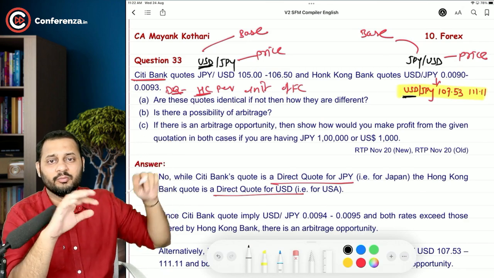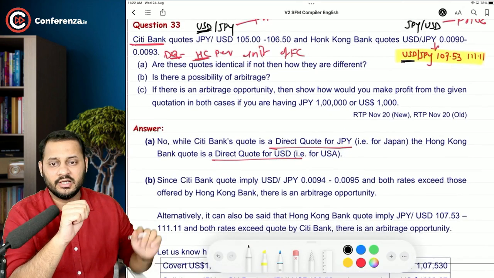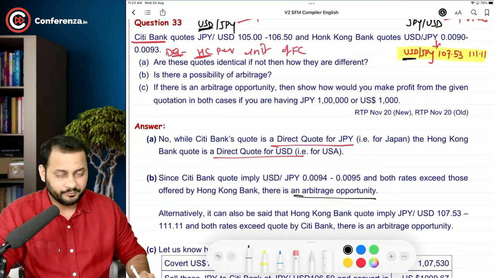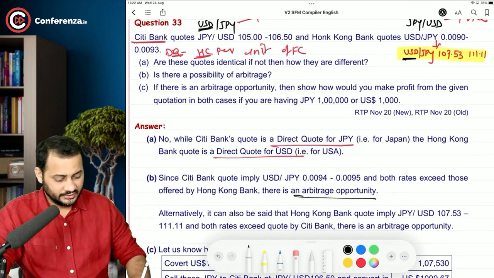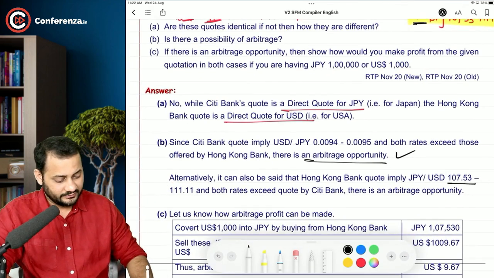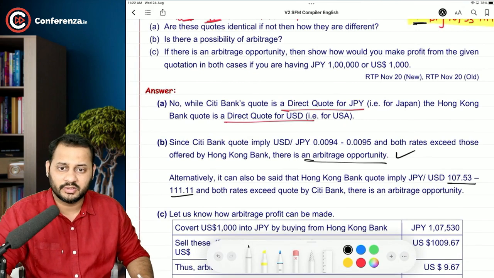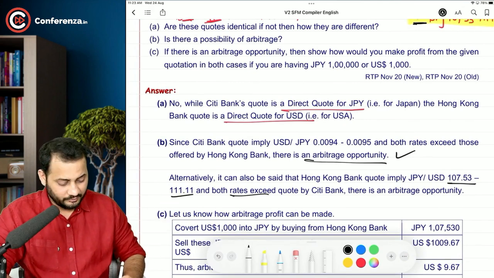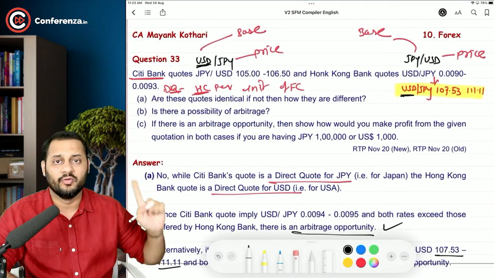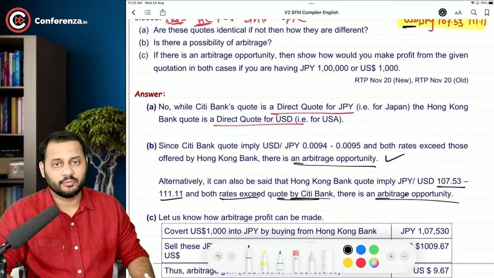Arbitrage is possible when both the rates are not identical. We have solved it this way, 107.53 and 111.11, and both the rates exceed the quote by Citibank, meaning the Citibank rates are lower, and hence the arbitrage opportunity is available.